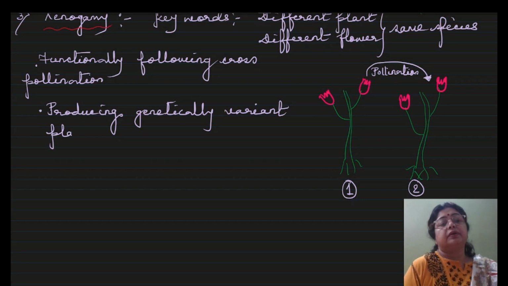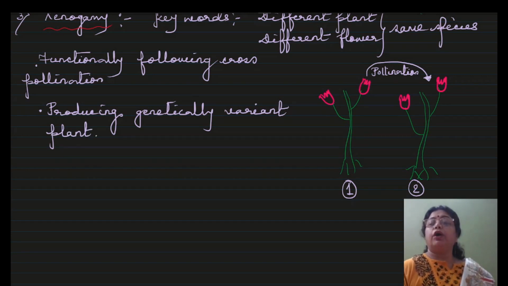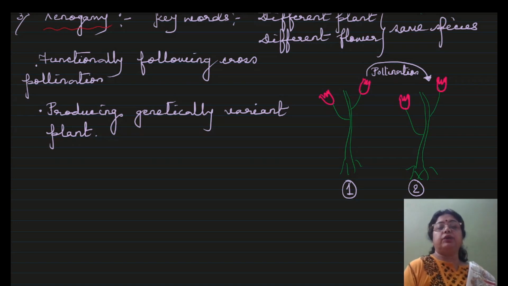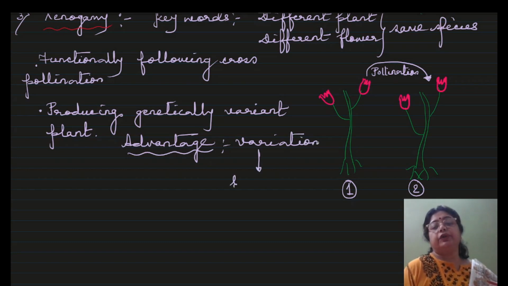Okay, because there is a mixing of genes of two different flowers of two different plants of the same species. So this is xenogamy. So what is its advantage? The advantage is the variation, which always leads to evolution.